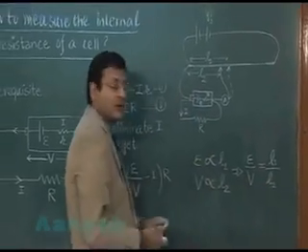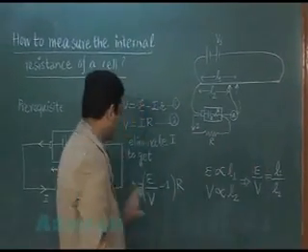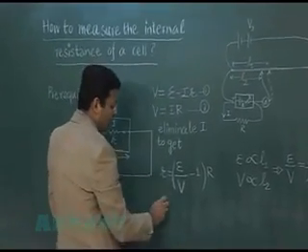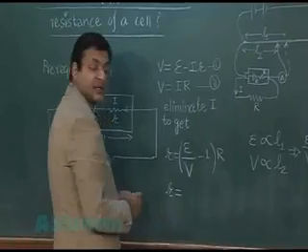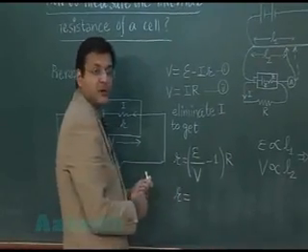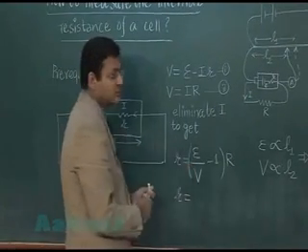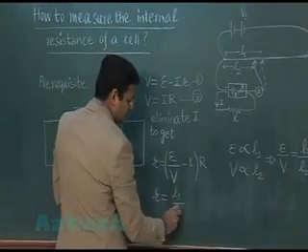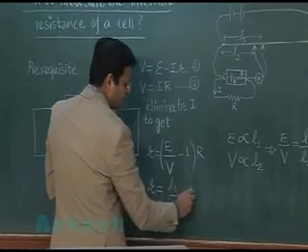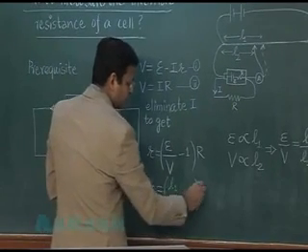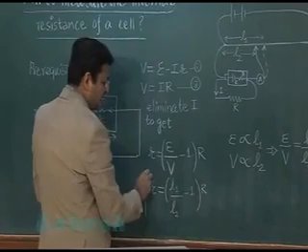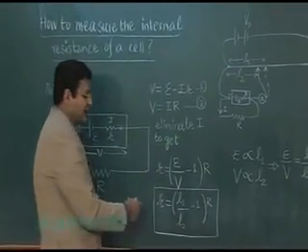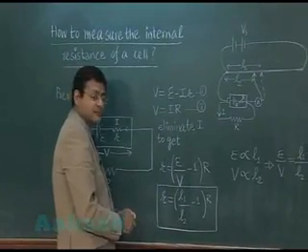And now if you substitute this expression into the formula you were expected to use, then you can find that the internal resistance is equal to L1 upon L2 minus 1, into capital R. This is the required formula you will be using if you want to calculate the internal resistance of a cell.